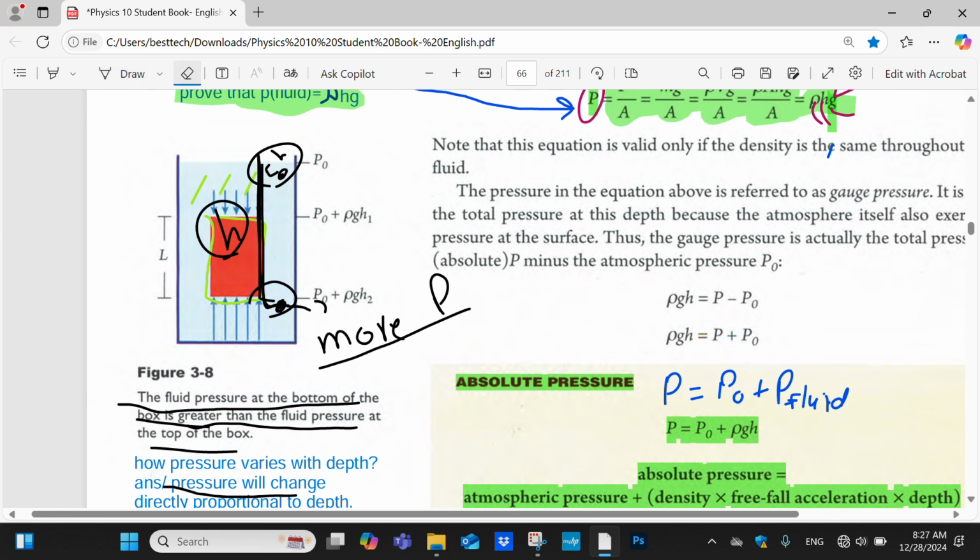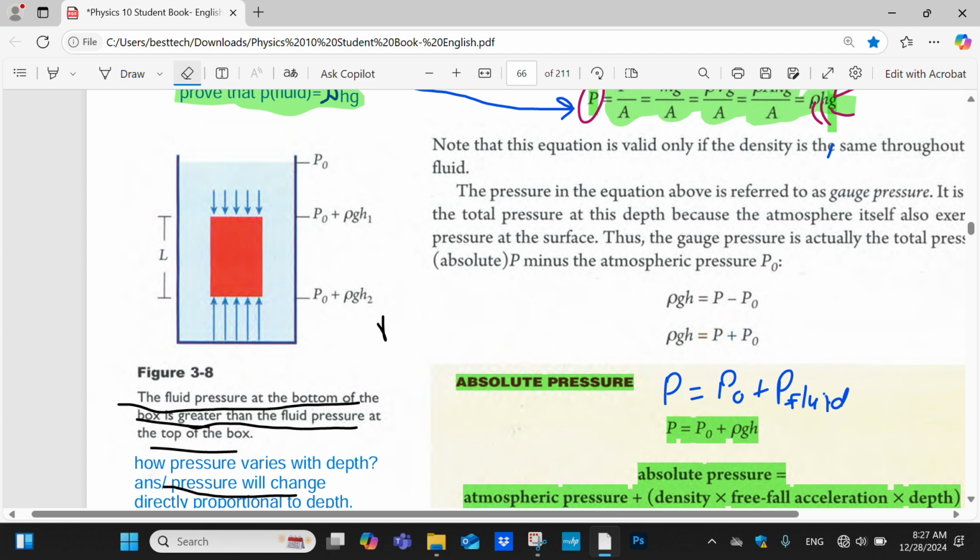Students, another point about this picture is important to understand. Look, this container has this object inside it. It is a brick, any object.